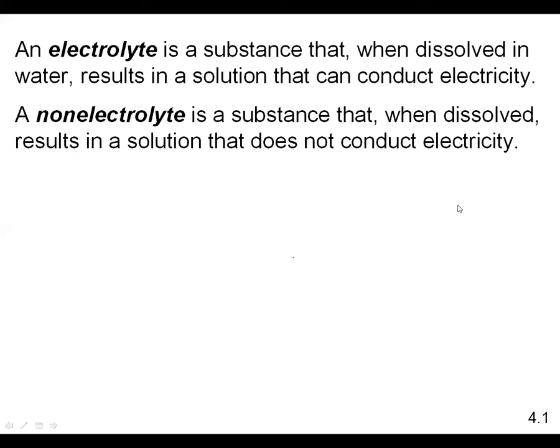So never any of the subscripts, just the numbers that come in front of everybody. The goal of balancing equations is to get the same number of elements on each side of the arrow. So if you start with 6 carbons on the left, you should end with 6 carbons on the right. Remember, we don't lose any elements along the way. We just simply rearrange everybody into new compounds.